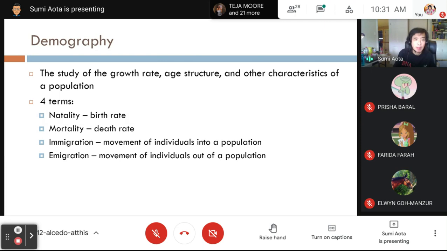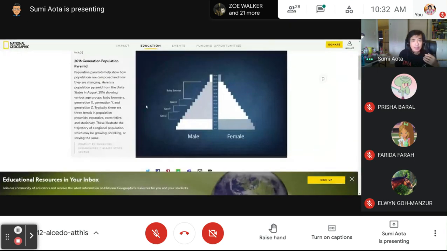A better term would be population pyramid. So if you look at this, this is from 2016, right? And you can see the various generations.